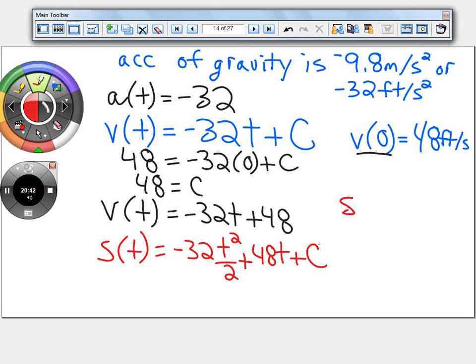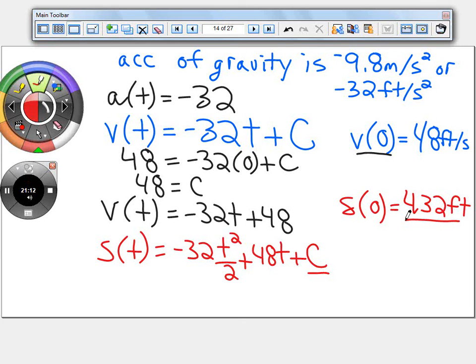They said that s of 0 was at the top of the cliff, so the position was actually 432 feet. So we can actually nail down exactly what the initial position is. And just for the sake of time, if I was to plug in a 0 for both of those t's, that's what I would end up putting as my c, 432.